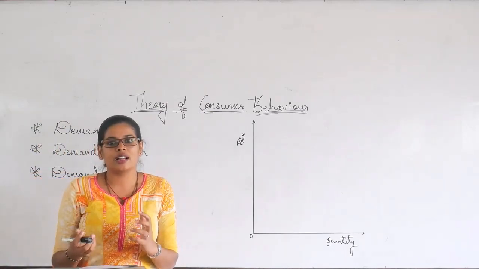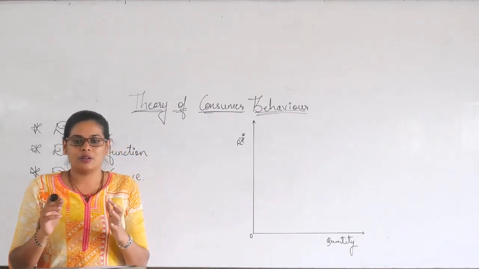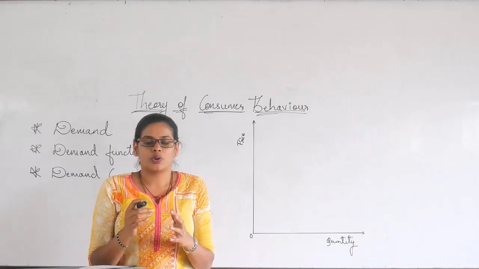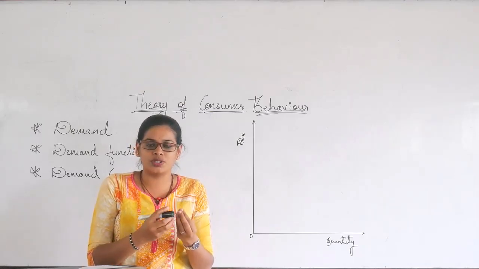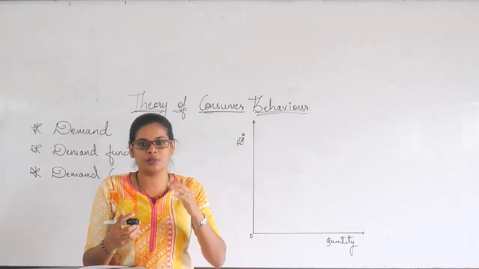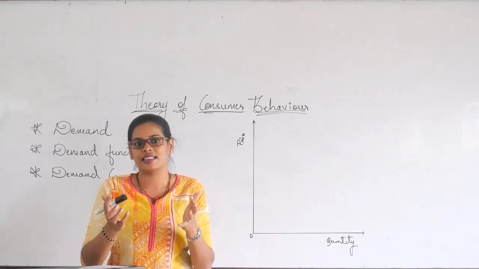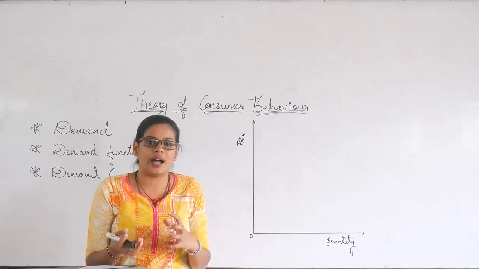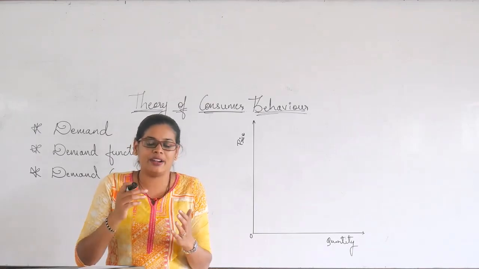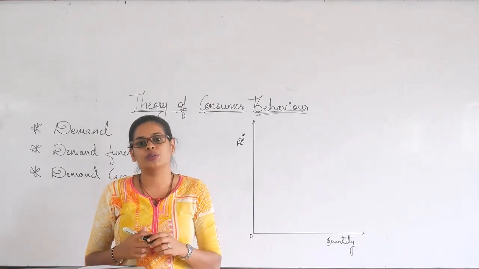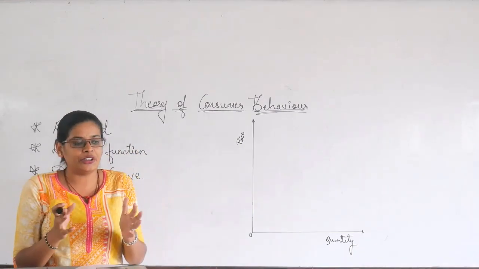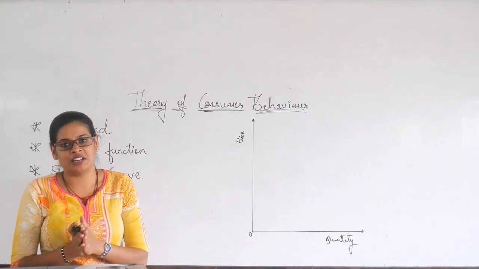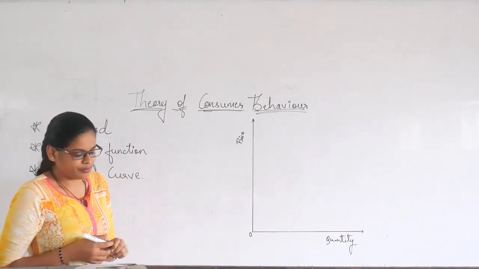When we are talking about demand, there are certain things which come to the picture: the price of the goods, the income of the consumer, his likes, his preferences, the quantity of the goods he is willing to buy, and whether he is going to afford that quantity. These are all the things which come under the demand curve.